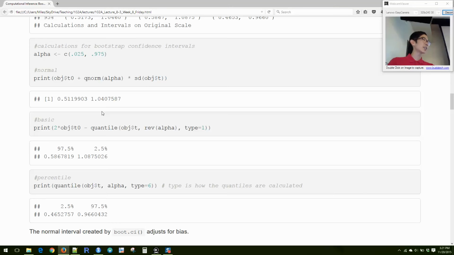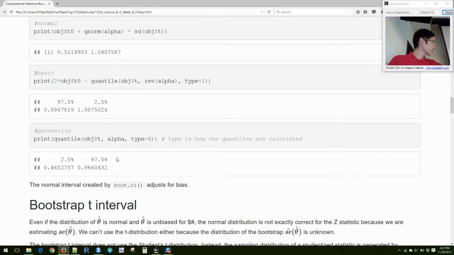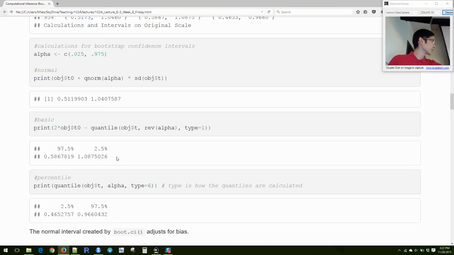You can try a bunch of experiments with different samples, create a bunch of basic confidence intervals versus percentile confidence intervals, and see how they perform versus the population statistic. But based on our sample of 15, our intervals are going to be fairly wide also.